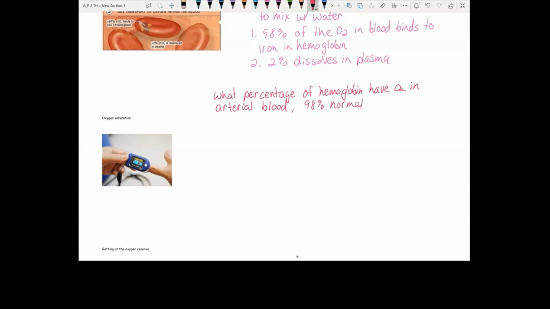Let's think of hemoglobin like a train. You have a train with 100 cars. This train flows through your lungs, and as it does, you load oxygen cargo onto the train.